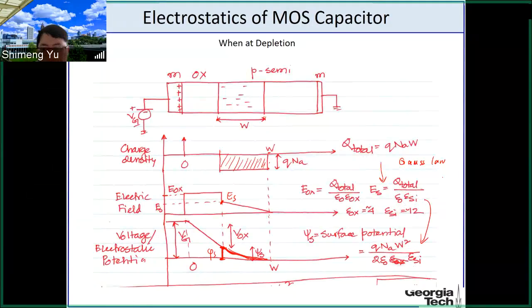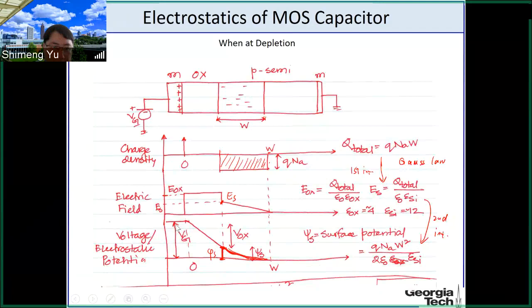This is the first integration from the charge to electric field. And then this is the second integration. And phi s is a voltage potential at the surface of the silicon.